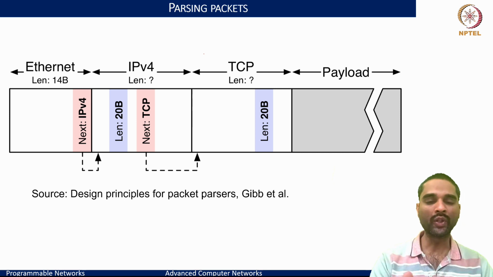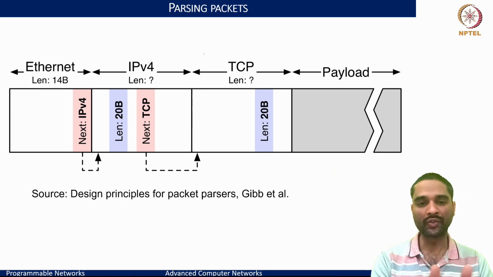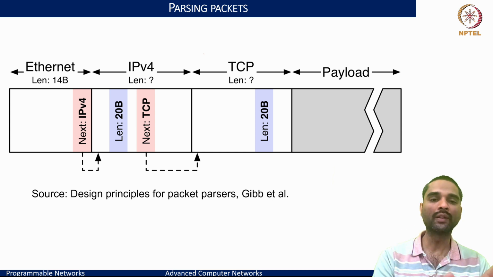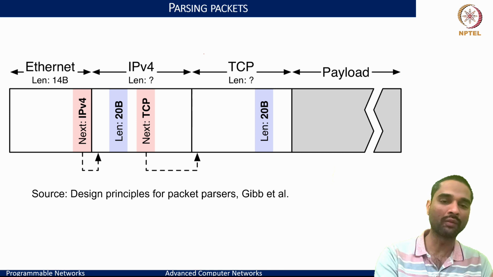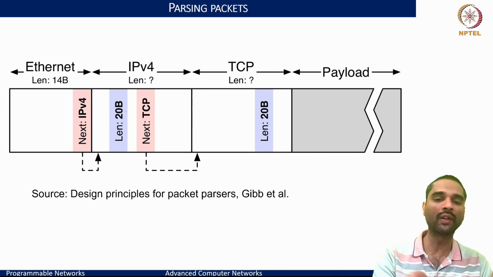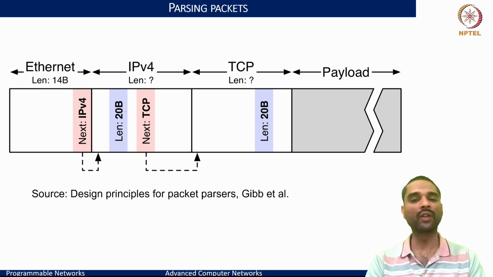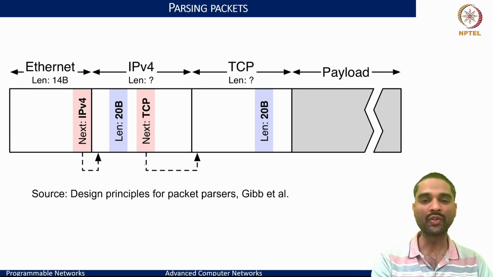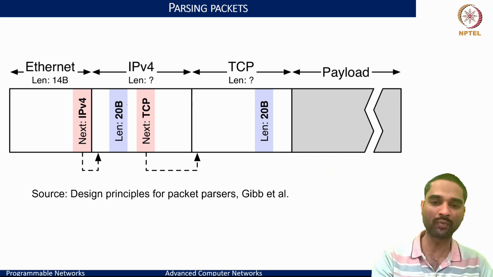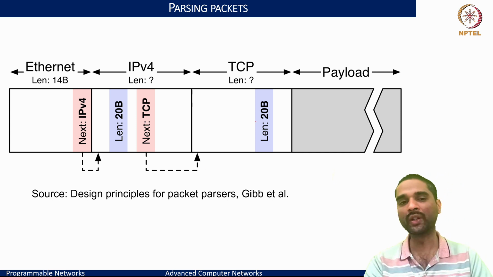And when you look into the IPv4, you look at a fixed 20 byte length or look at the field with the length and say, okay, in the IPv4 header, the length field corresponds to 20 bytes. Then you would push further by 20 bytes to go and check what is the next header. And to do that, you would see in the IP header what is the next type, either TCP or UDP, and correspondingly say what should be the next value.